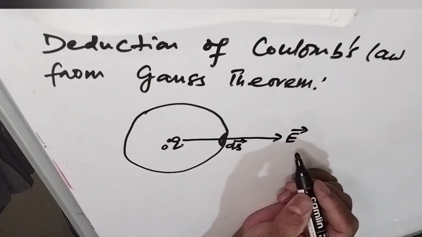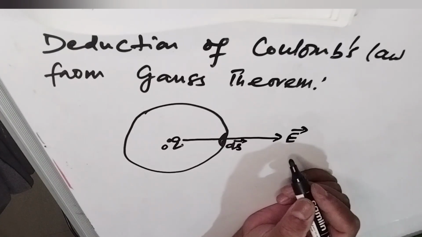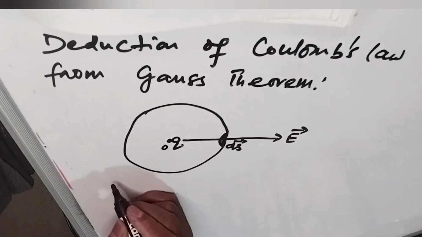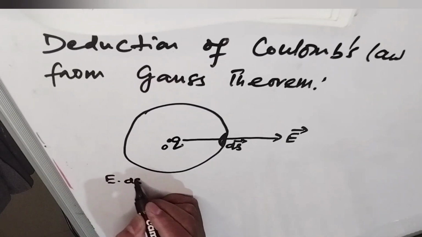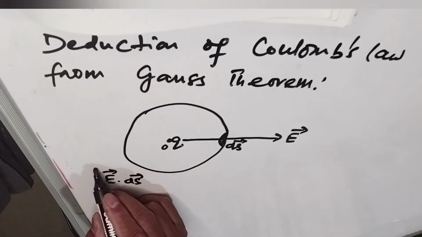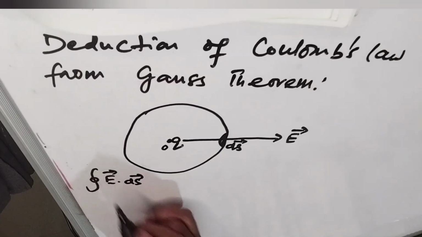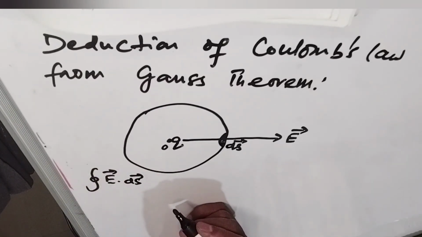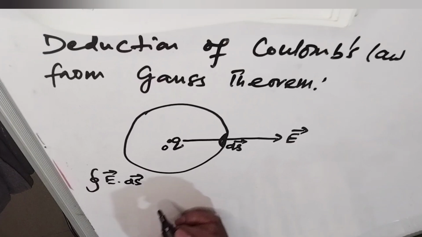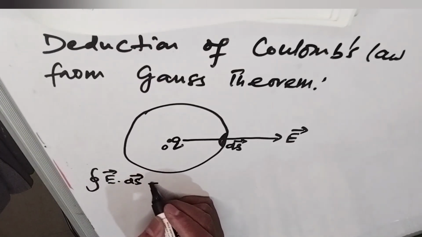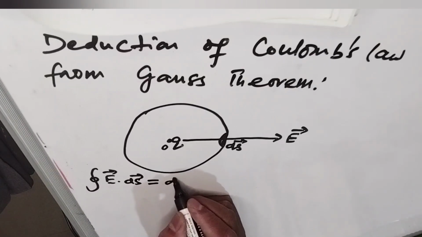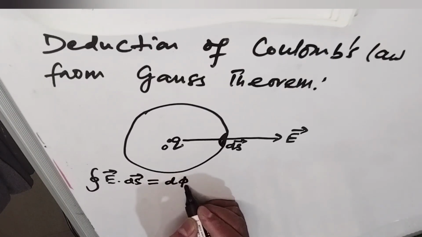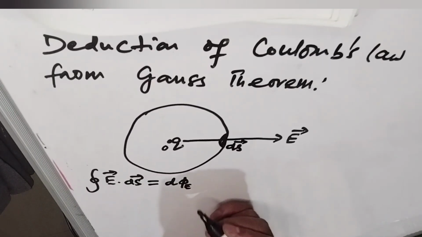So E dot ds integration over the closed surface. As per Gauss law, E dot ds integration over the closed surface is your delta phi E.